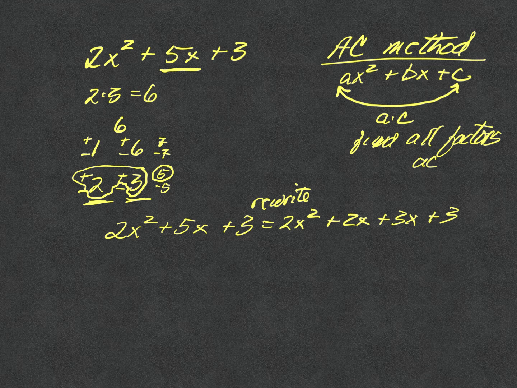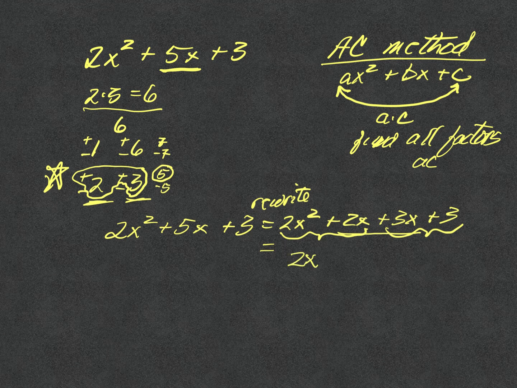done. Anyway, as I said, the 2 plus the 3 that we found here that equaled 5, after doing a times c, we then rewrite as 2x plus 3x, because that's how we get the 5x. And then what we do is we factor by grouping. We use our grouping methods from section 6.1.